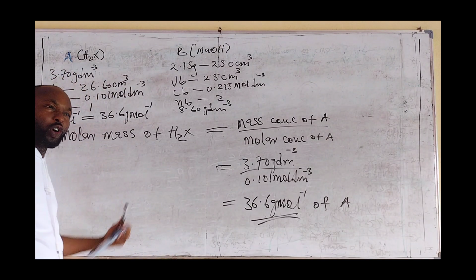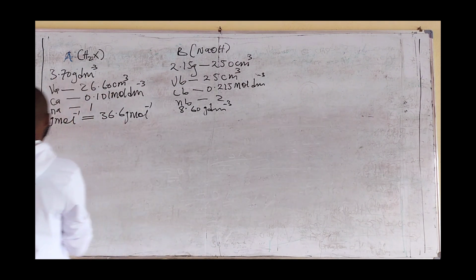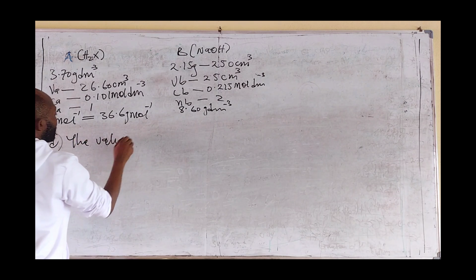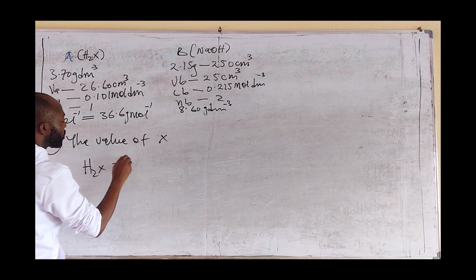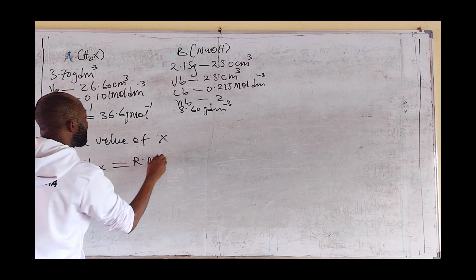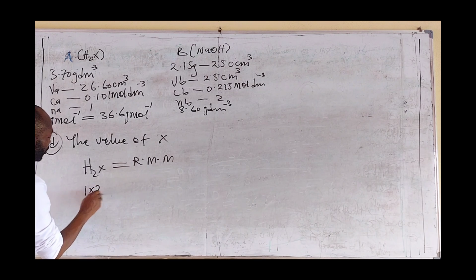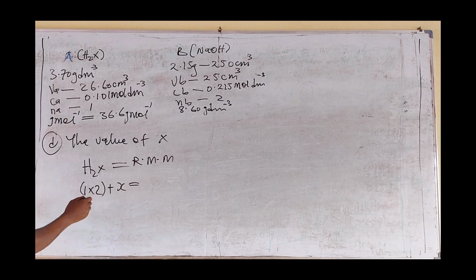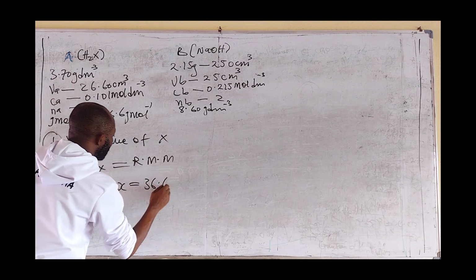So let's call it D, to find X. So value of X, A, B, C, D now. The value of X, we say H2X is equal to the relative molecular mass. H2, which is hydrogen, is 1 times 2 plus X is equal to the relative molecular mass, which is 36.6.